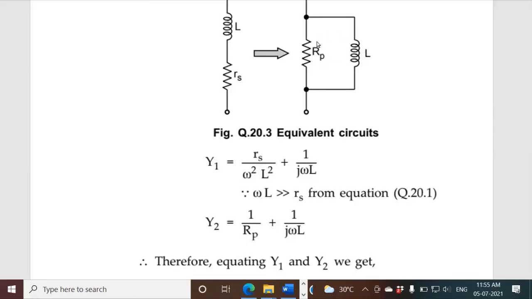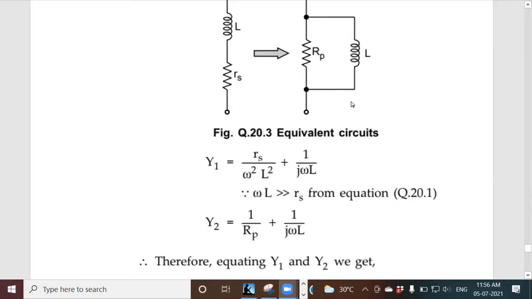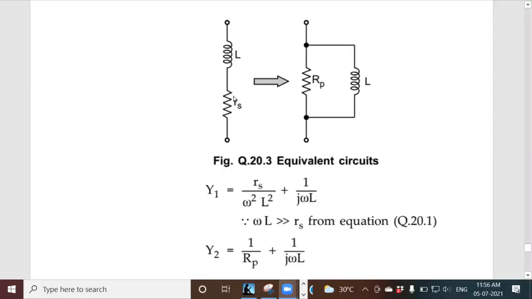So the equivalent admittance here is 1 by Rp plus 1 by j omega L. Very simple school level formula, right? When do we say two networks are equivalent? Two networks are equivalent if Y1 is equal to Y2.